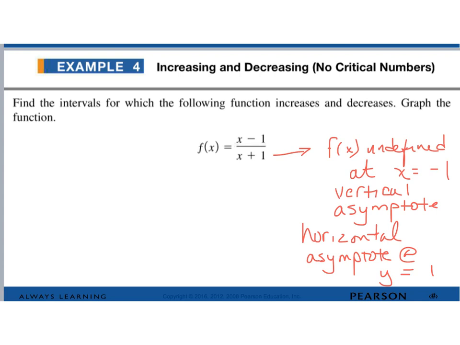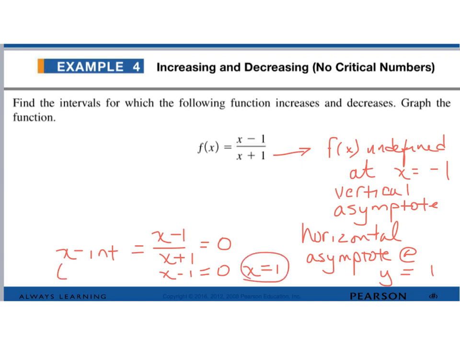We also know that the x-intercept is where the value of y equals 0, which would be where x minus 1 over x plus 1 is equal to 0. And that would be where x minus 1 is equal to 0, or at x equals 1.